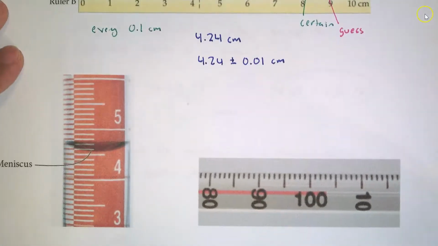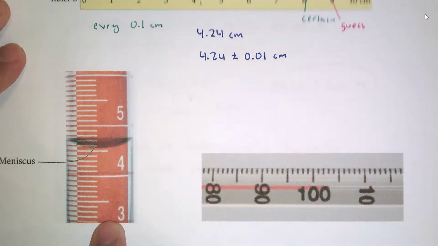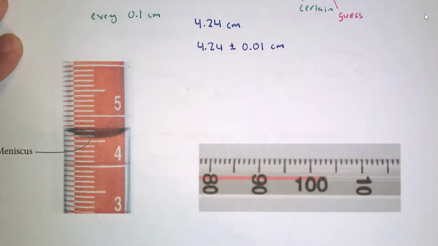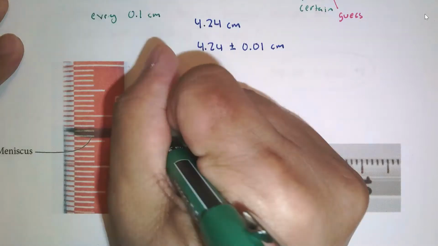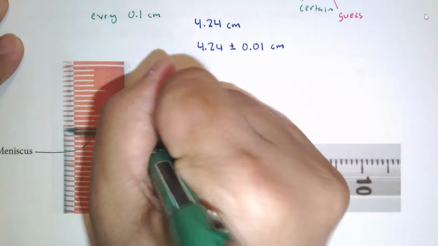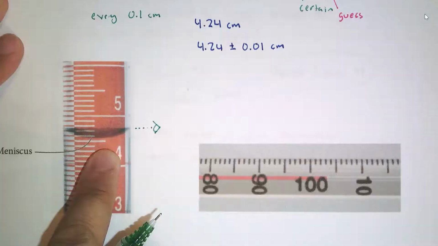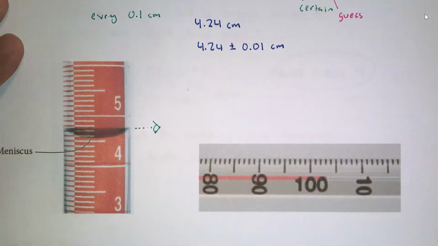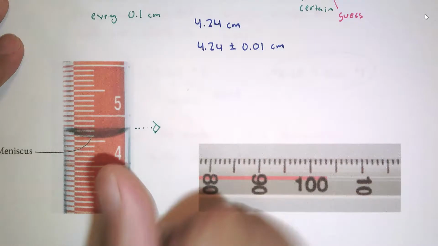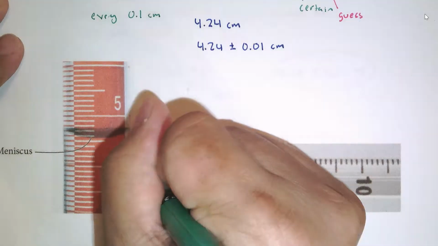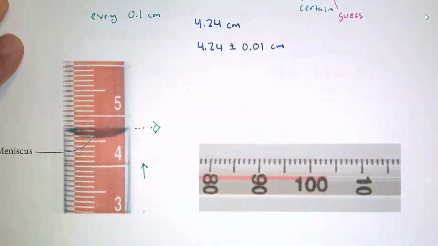Let me just do the graduated cylinder with you, because when you look at a graduated cylinder, you want to make sure that your eyeball is level with the level of the water. You also want to know the direction of counting. The direction goes up for a graduated cylinder.